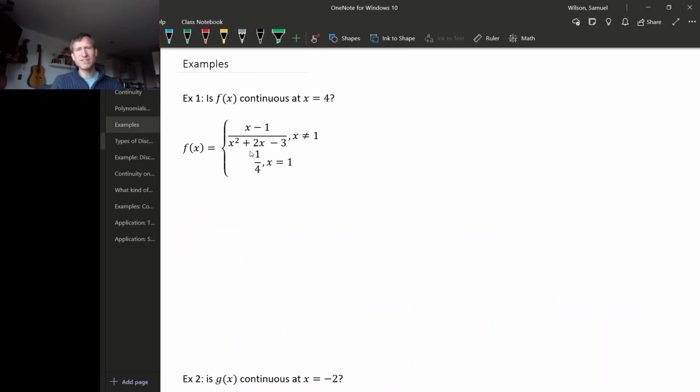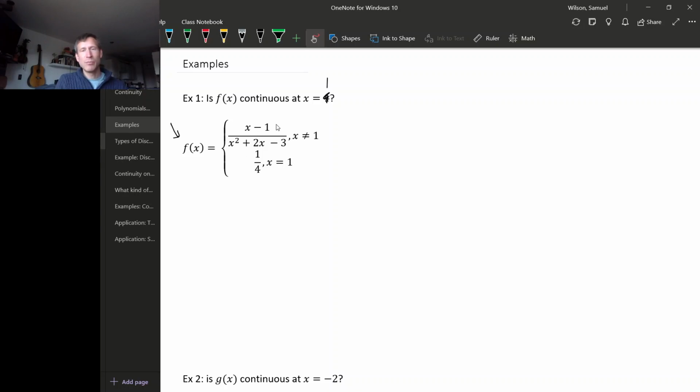Okay, so for our first example, let's figure out if this function is continuous at x equals 4. I'm sure that I meant for this to say 4 and not 1. Let me just change this to 1. That's going to be the best way to fix this. Okay, well, this is a multi-part function, right?